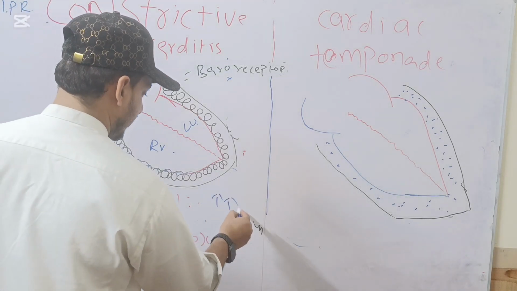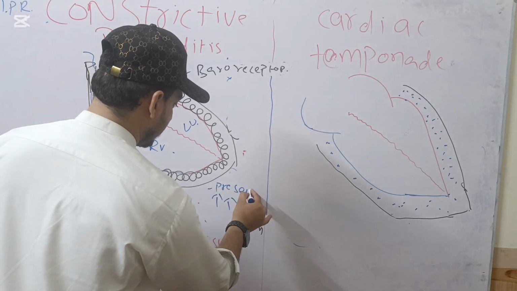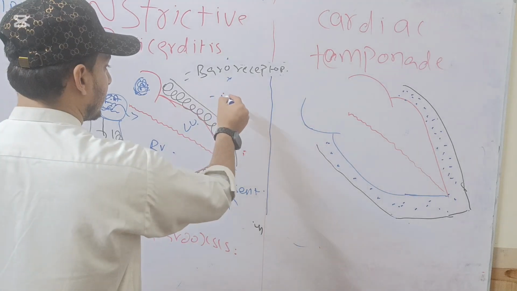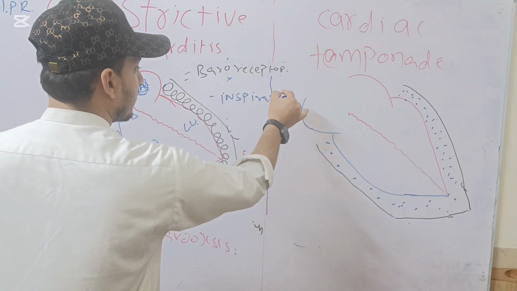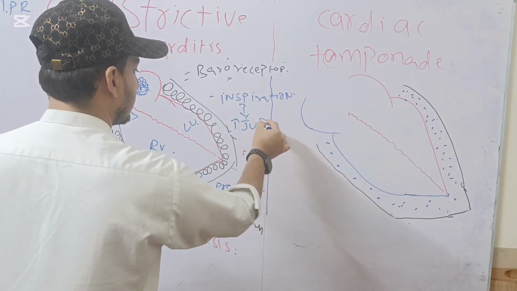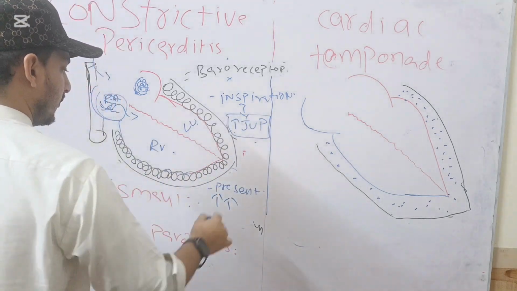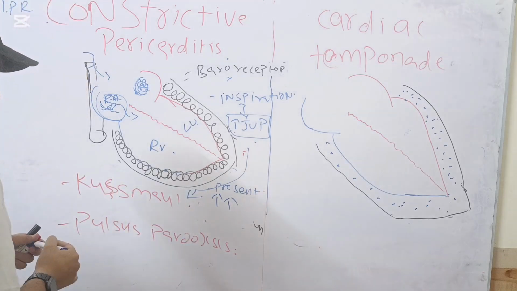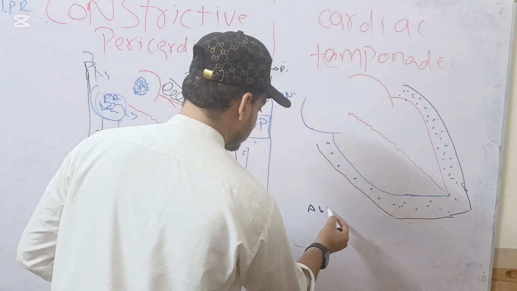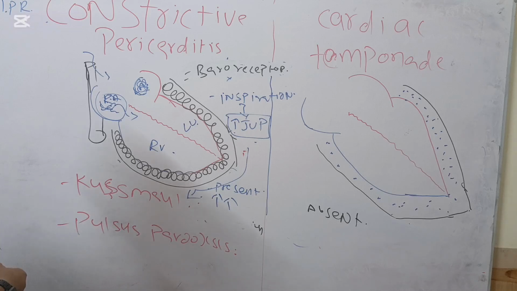Why? Because in inspiration there is a raised JVP because of the pressure, so we call it Kussmaul sign. Kussmaul sign is absent in cardiac tamponade.